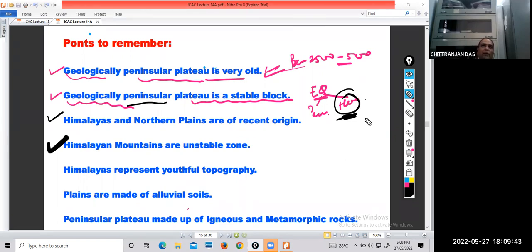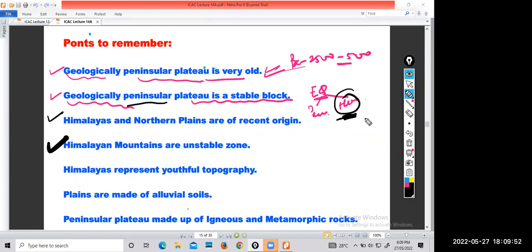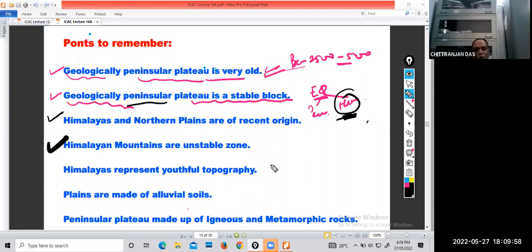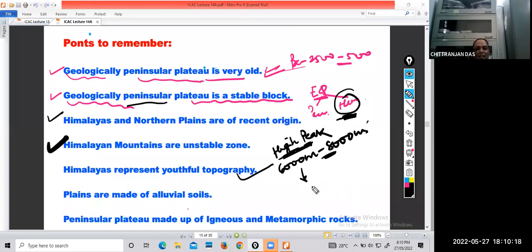That means the topography of the Himalaya represents youth. How can we say this? 200 million years, yes, that is one. Another point is that when you go to the Himalayas, you will see high peaks, from 6000 meters to 8000 meters, very common, because these peaks have just formed and have not eroded. Whereas when we go to the Aravalis, we find 1100 meters and 1200 meters.